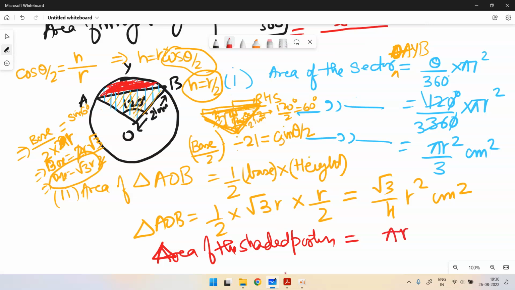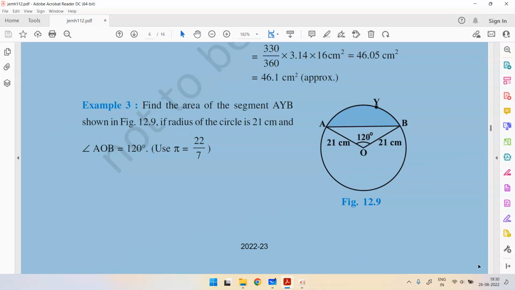So pi r square by 3 minus root 3 by 4 r square. Now if you put the value of r and pi, you will get the answer in centimeter square. Simple.